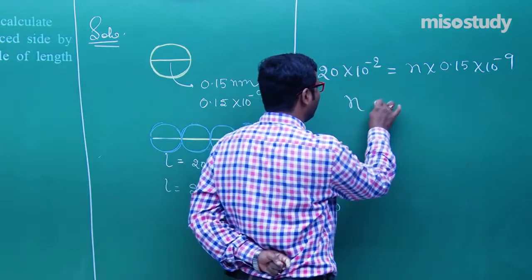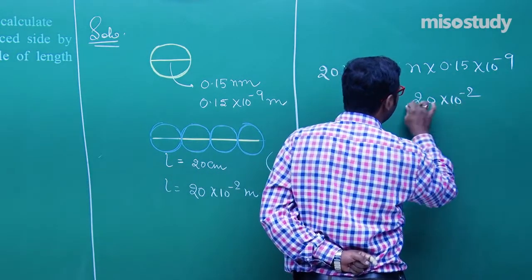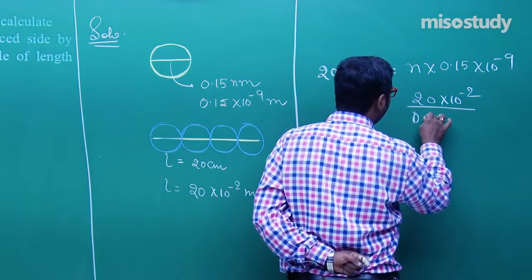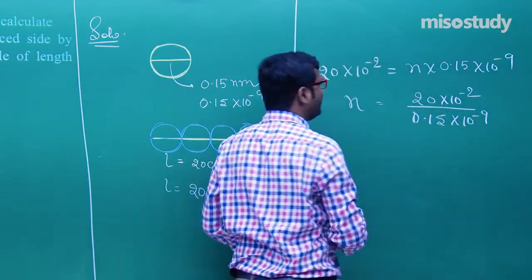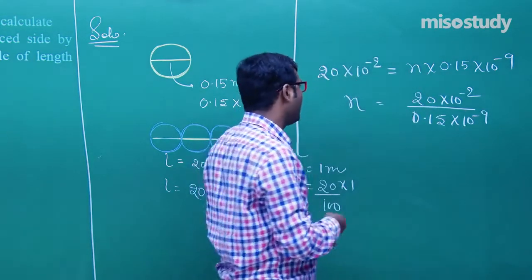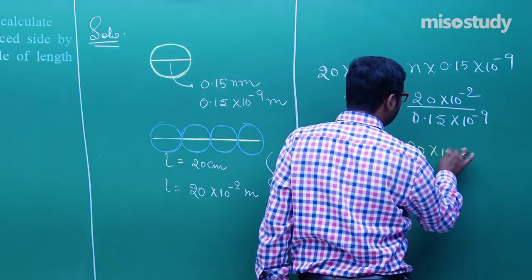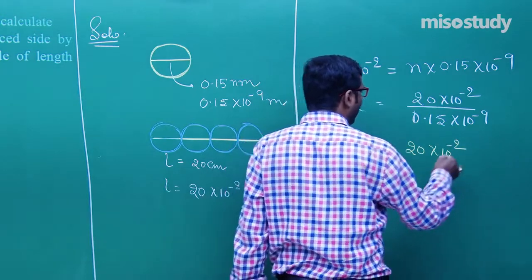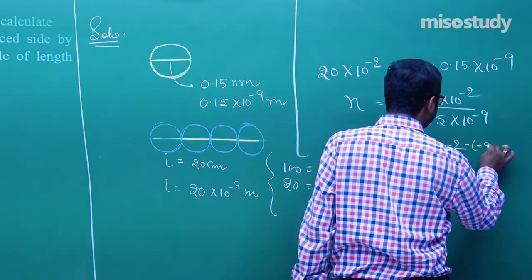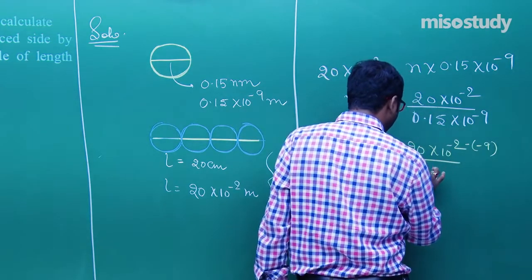Now what is n here? That is 20 into 10 to the power minus 2 divided by 0.15 into 10 to the power minus 9. Am I right? Yes sir, you are absolutely right. After solving, 20 into 10 to the power minus 2 minus minus 9, divided by 0.15.